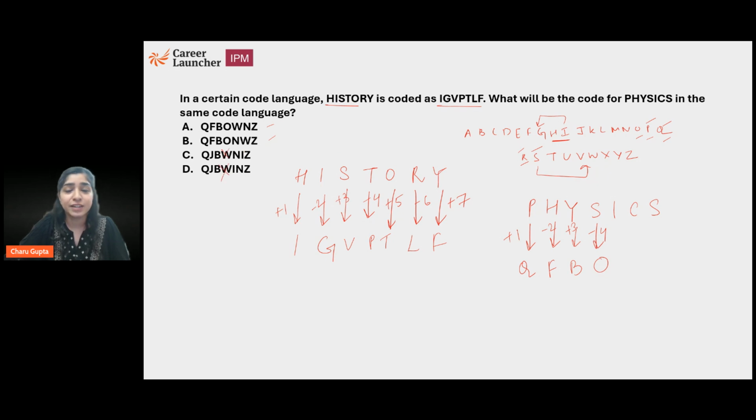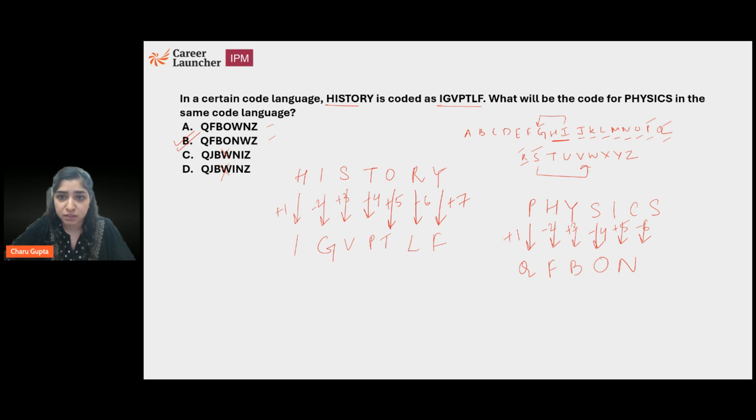C and D will definitely not be our answers. And the next code for letter I will tell me my answer. So I has to be plus 5. So it's 1, 2, 3, 4, 5. It's N. Okay, so my option B is correct, but we will confirm.